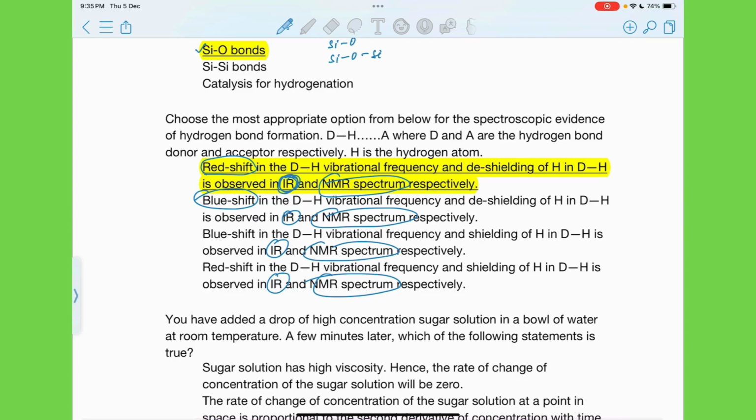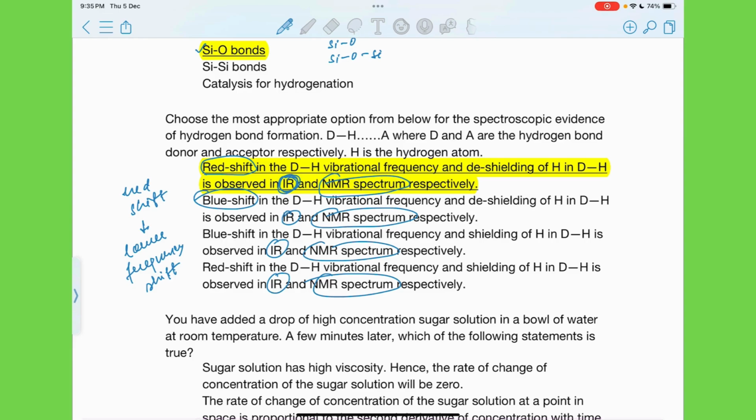infrared spectroscopy. So in infrared spectroscopy, hydrogen bonding typically results in a red shift, that is a lower frequency shift in the D-H vibrational frequency. This is because the hydrogen bond weakens the D-H bond, making it vibrate at a lower frequency.